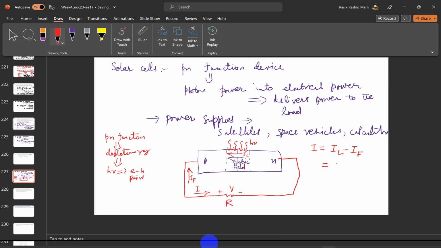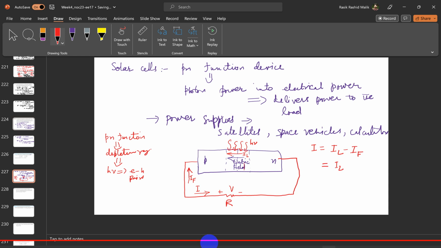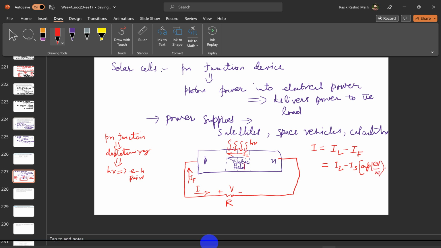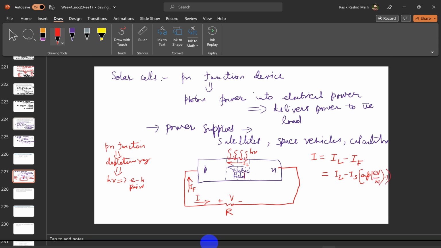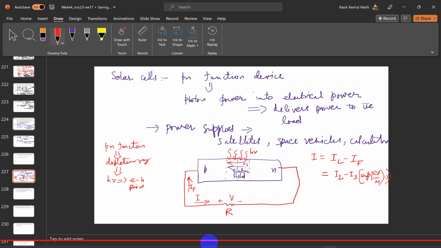The voltage is positive and the current is negative, and it will be simply IL minus IS into exponential of eV by kT. This is the simple expression for the forward current IF. But the current of interest will be IL minus IF in this case.